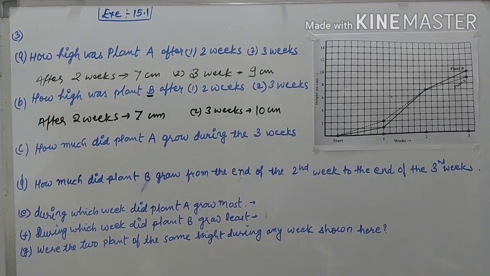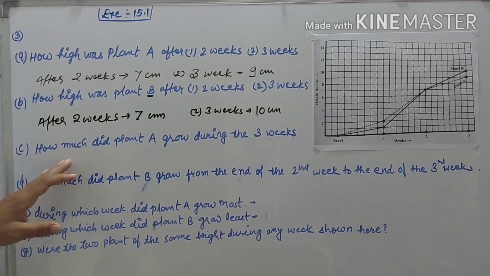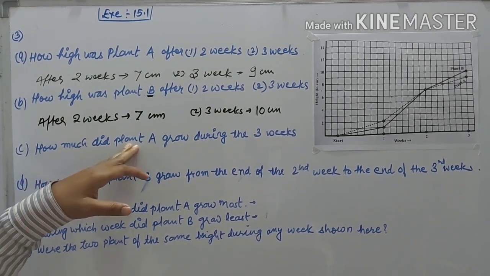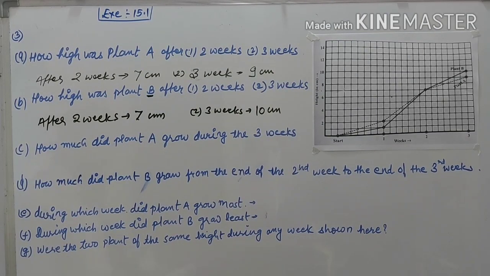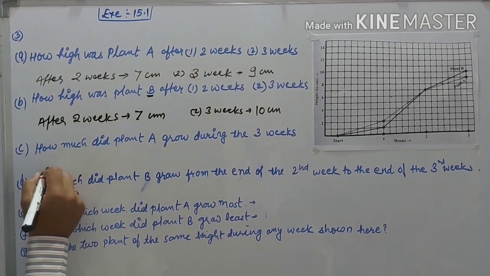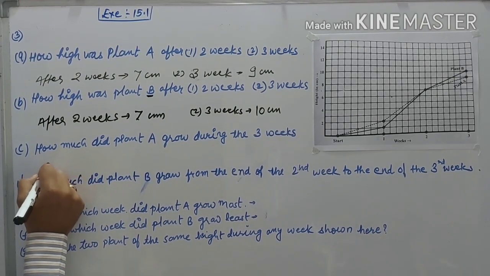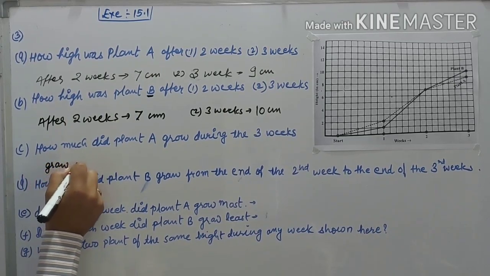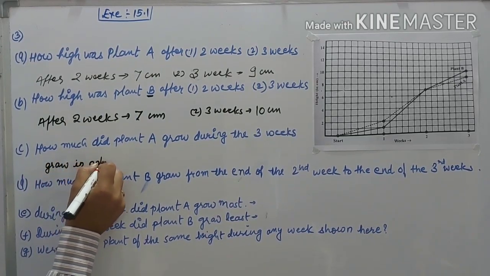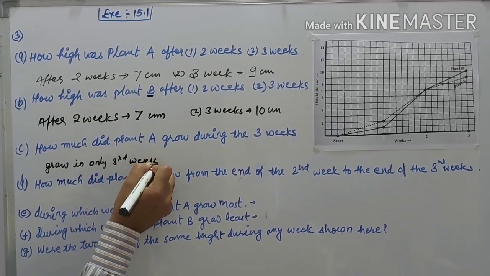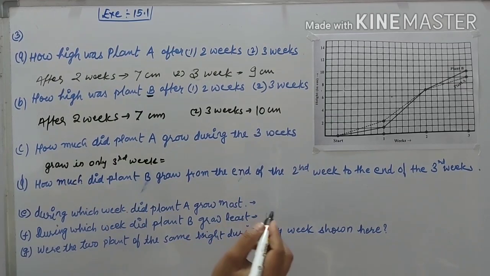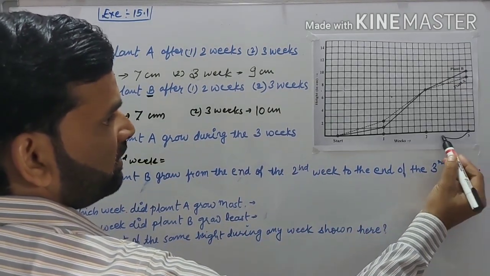Third question: how much did plant A grow during the third week? You only find the growth in the third week, which means between 2 and 3.